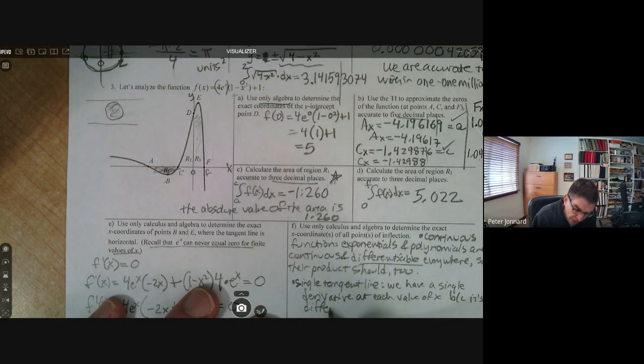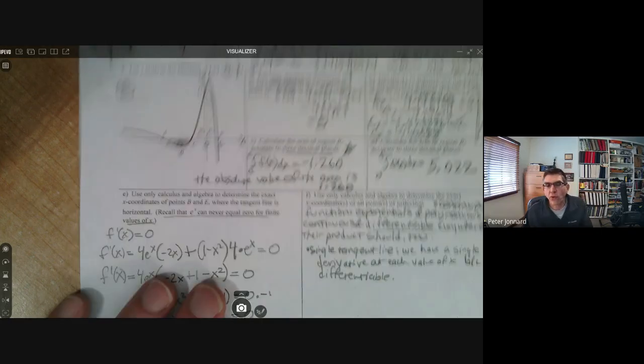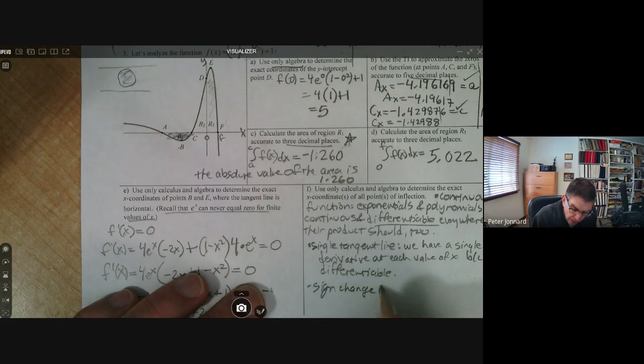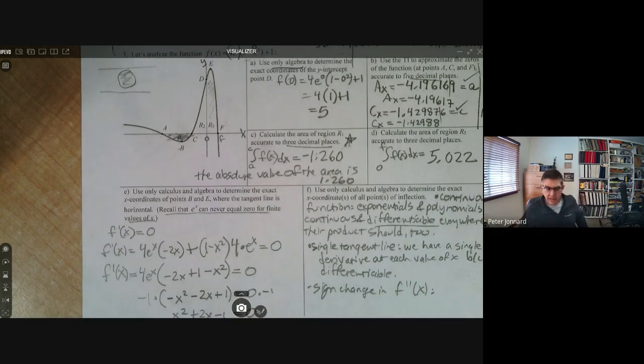That's what that means. Okay, and so finally, what we have to look for is a sign change in f double prime of x. So that's our next task.